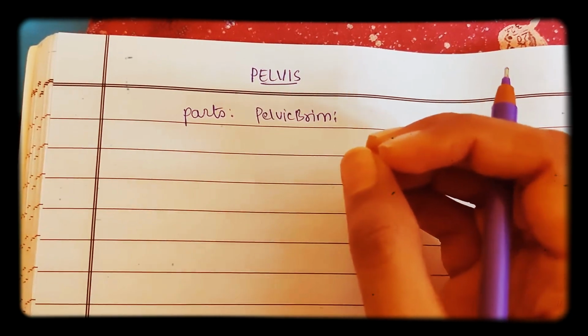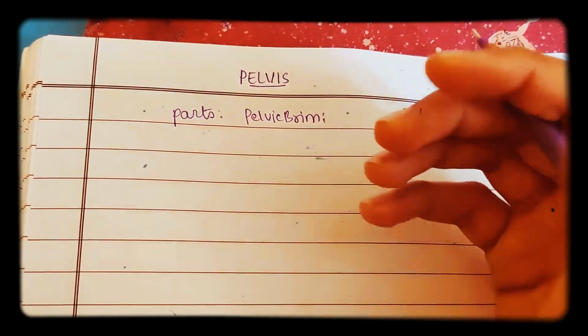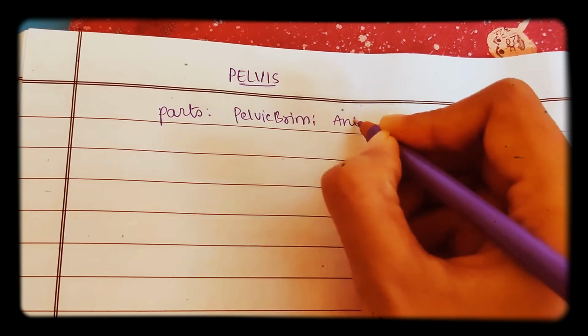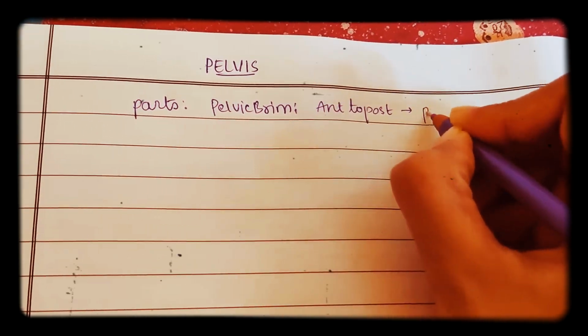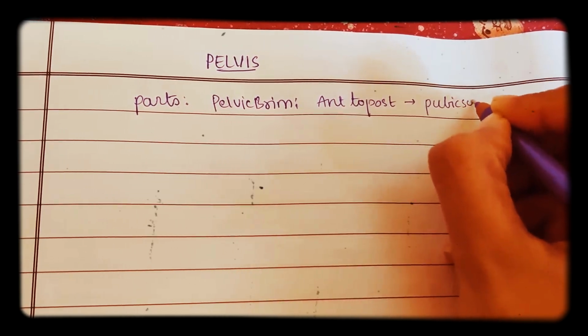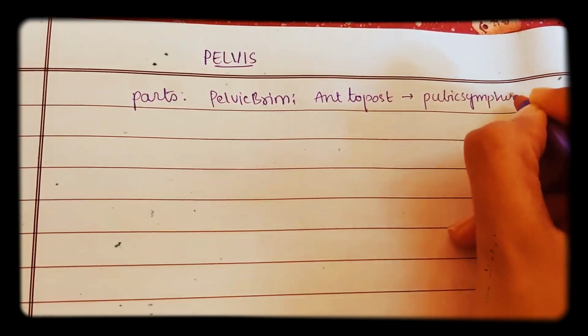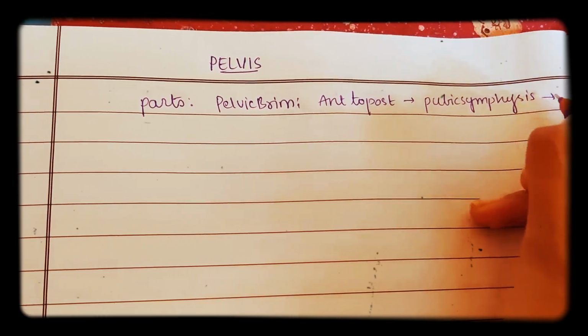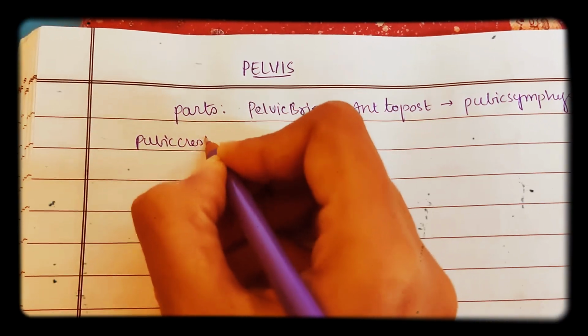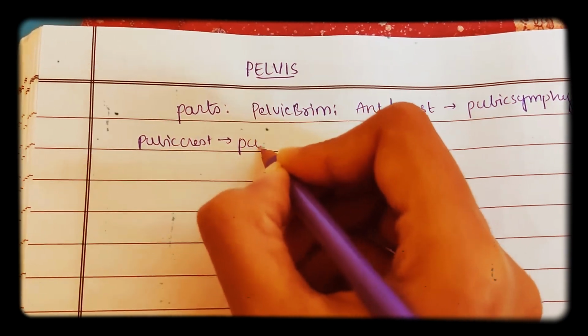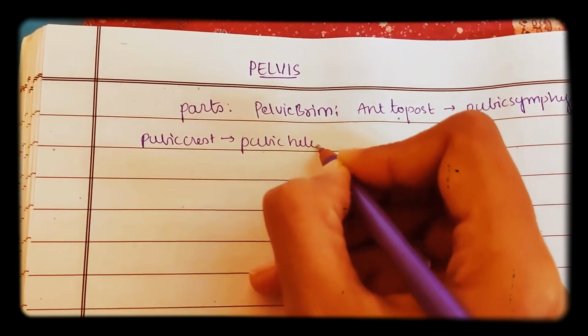So pelvic brim, from anterior to posterior it is formed by, on anterior side, first we will be having pubic symphysis. Following pubic symphysis you will be having a pubic crest, and after pubic crest you will have of course pubic tubercle.